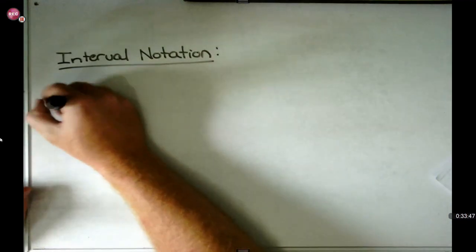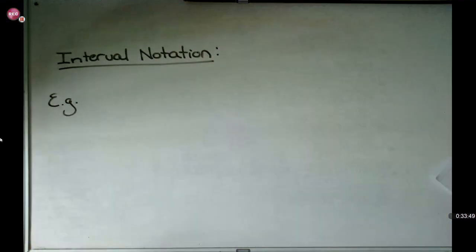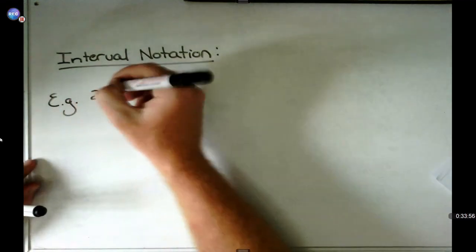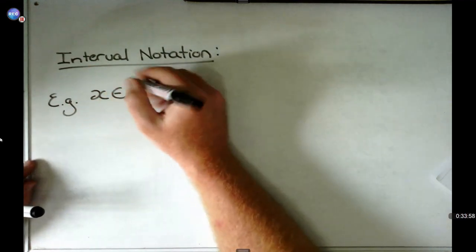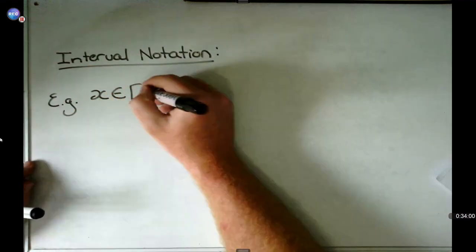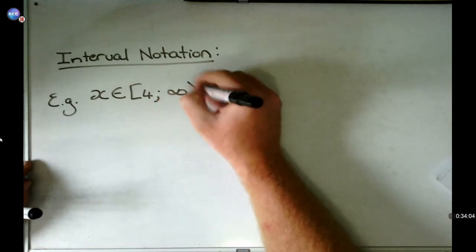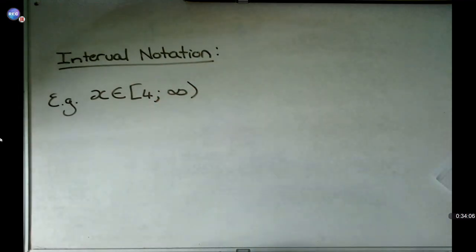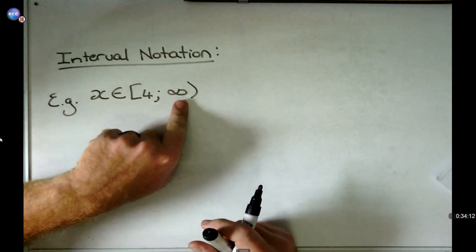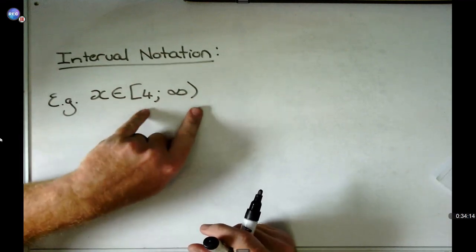Here's the next one. Let's see. I'm going to use this one. So x element of, I'm going to do a block bracket here. I'm going to say 4, and then I'm going to use infinity, and then a curve bracket. Okay, so for the question represented here, infinity is not included, but 4 is included.